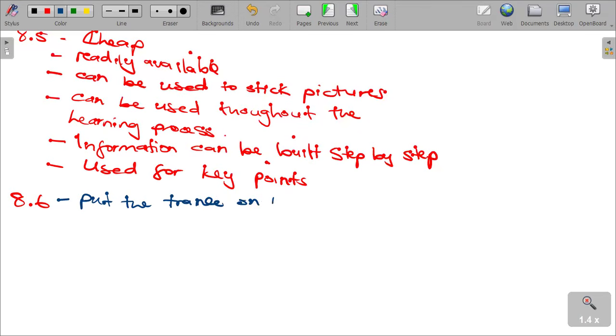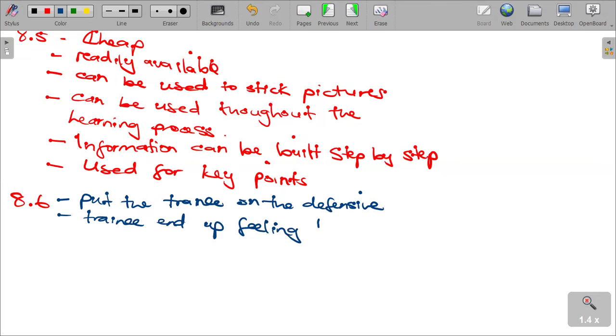And also, the trainee will end up feeling trapped and not consulted. Right. Let's move on to question 8.7.